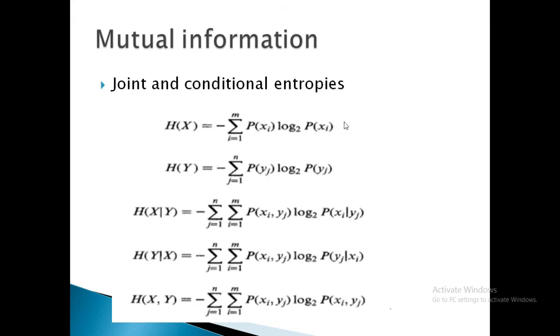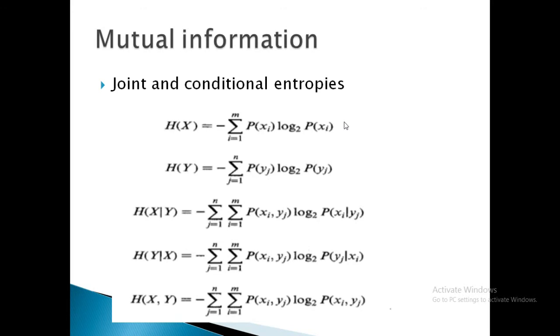By using the input probability, output probability, transition probability and joint probability, we define various entropies. H of X is the input entropy: H of X is equal to minus summation i equal to 1 to m P of xi log base 2 of P of xi, and H of Y is equal to minus summation j equal to 1 to n P of yj log base 2 of P of yj.